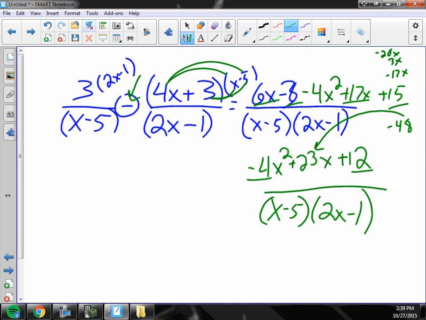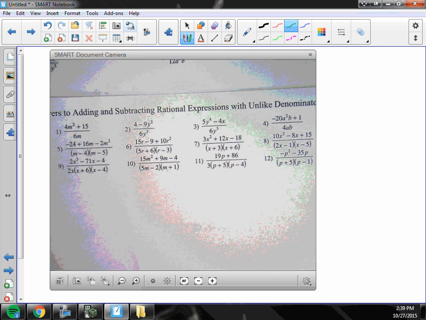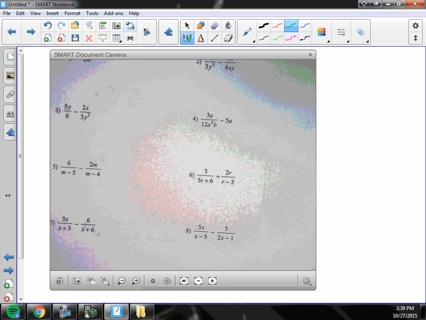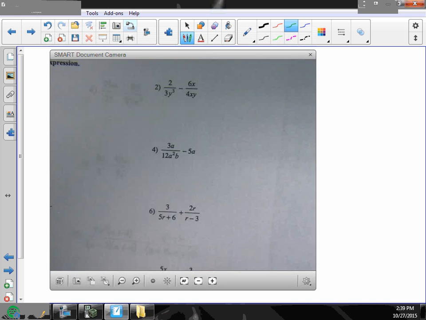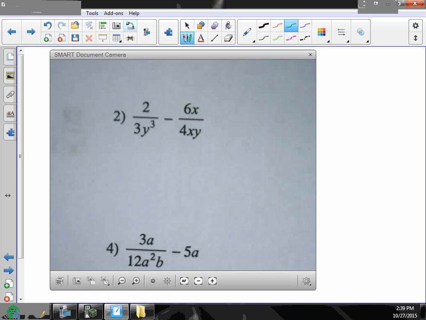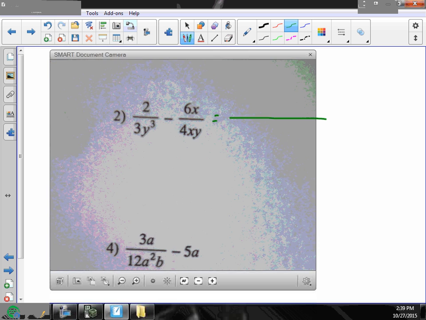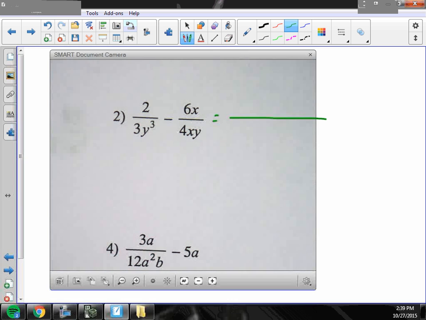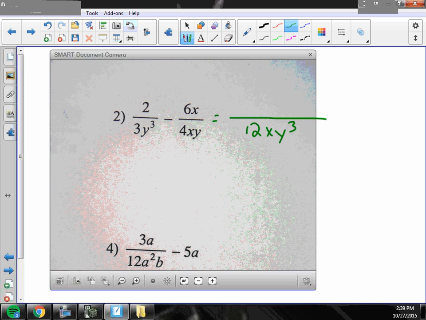Let's just look at a couple on your assignment. If you look at number 2, what's the common denominator going to be? 12 x y to the third. So what does the left side need?